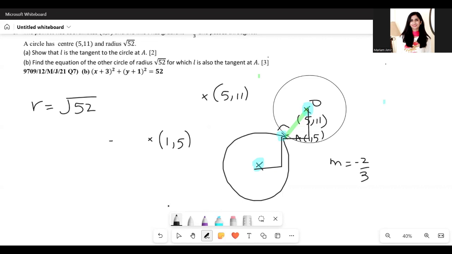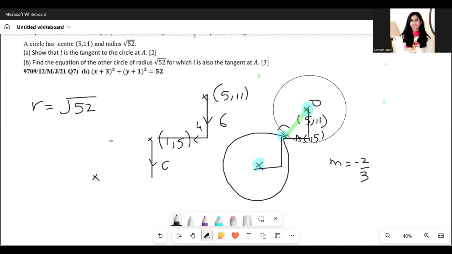And then we have another third point whose coordinates we are trying to find. So now 11 becomes 5, so it's going 6 units down. And 5 becomes 1, so it's going 4 units to the left. So we do the same with (1, 5): take it 6 down.